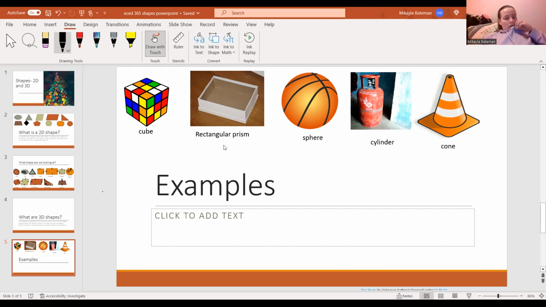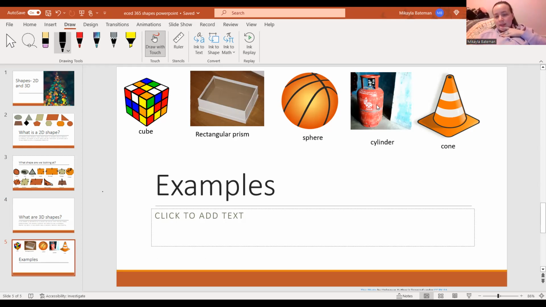Then we have a sphere, which is pretty much a big inflated circle, and an example is a ball. We next have a cylinder, which has a flat side on the top, a flat side on the bottom, and then it curves around the center.